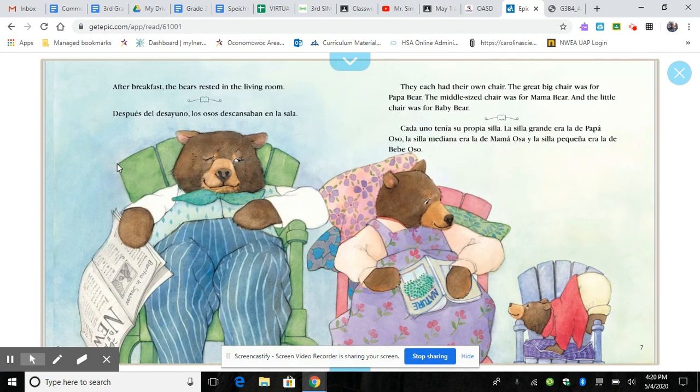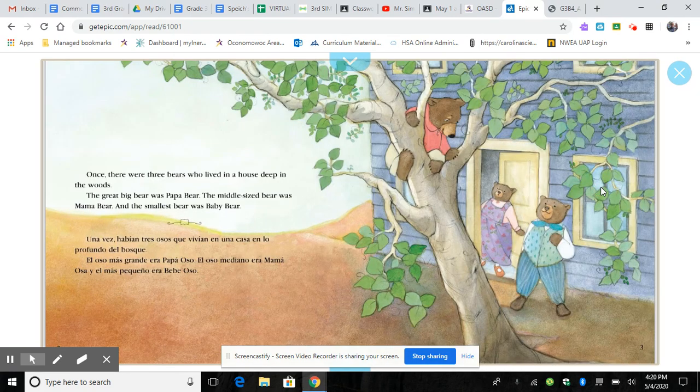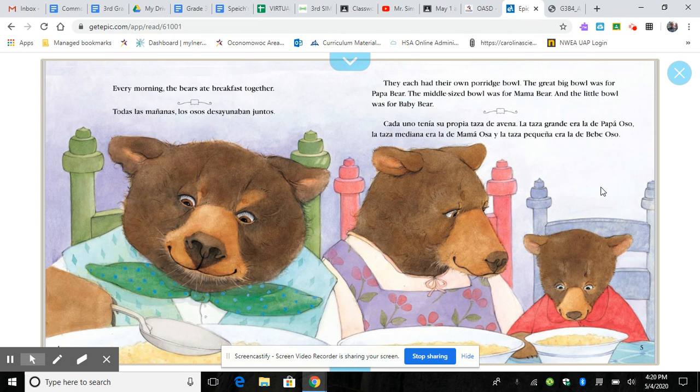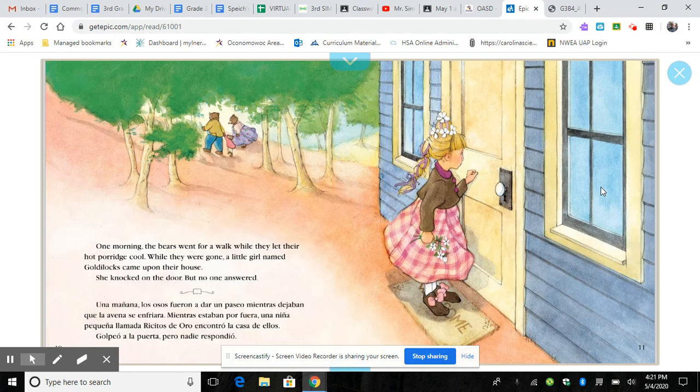So here, they don't really go for a walk. They have breakfast, right? And then they had their own bowls of porridge. So that was a little different. And then after the breakfast, the bears rested in the living room. They each had their own chairs. They each had their own bed.